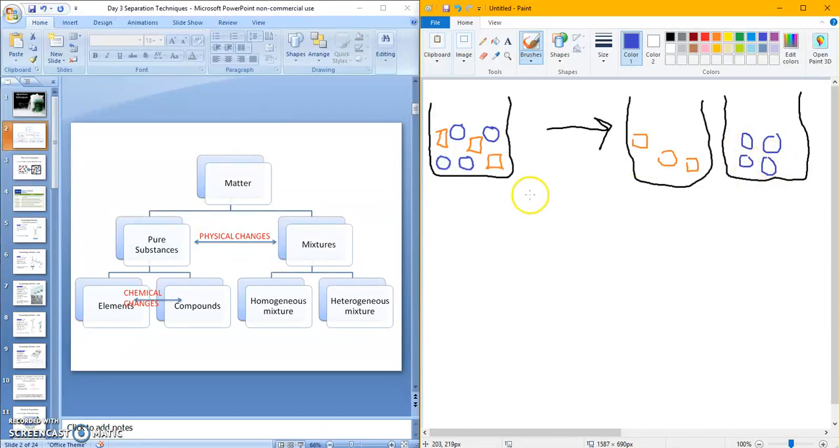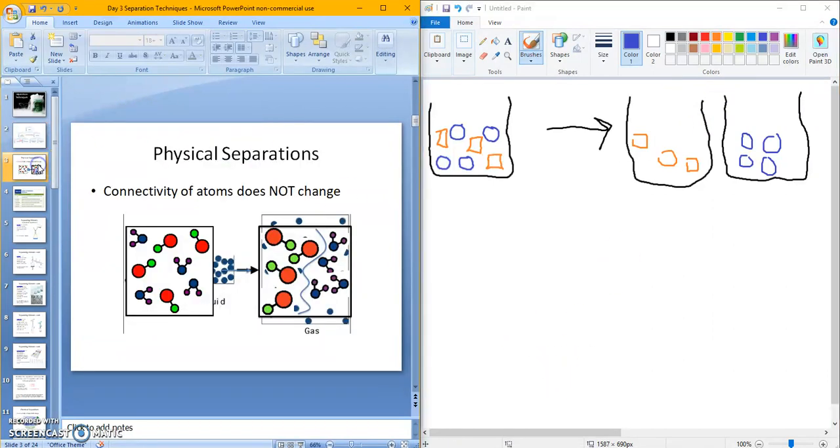This is what we call a physical separation. Nothing has changed. They're still the same pieces. I've just moved them into separate containers. Alright, so that's what a physical change is. A physical separation does not change the connectivity of atoms. It just separates it into two different locations.